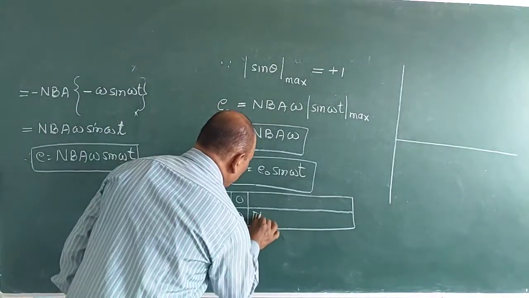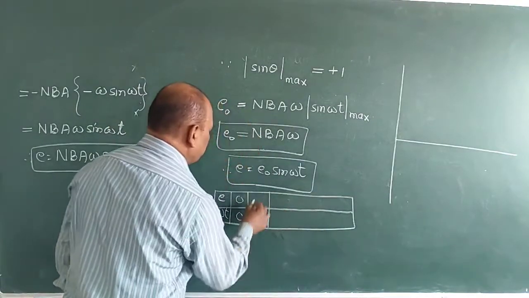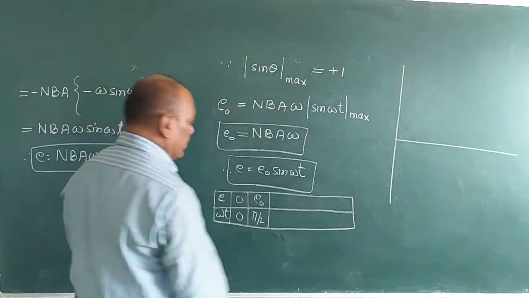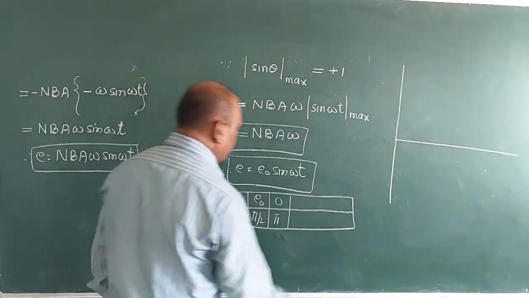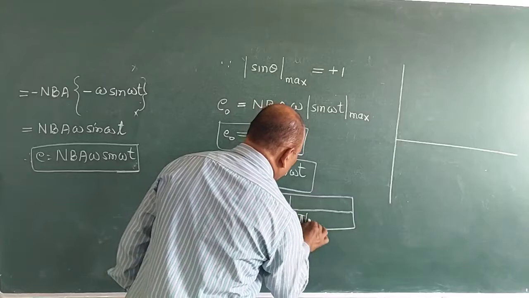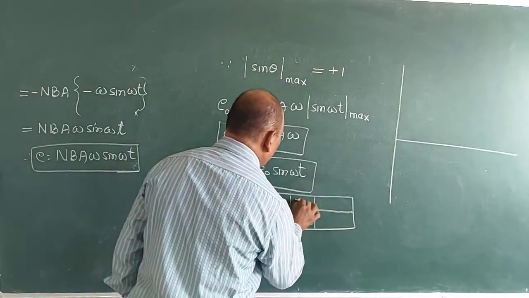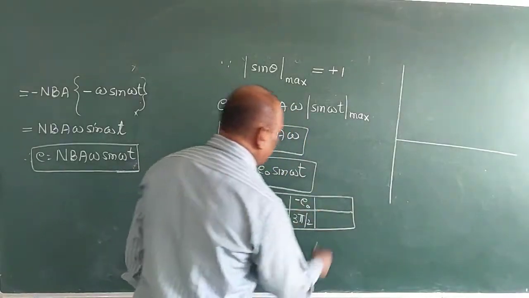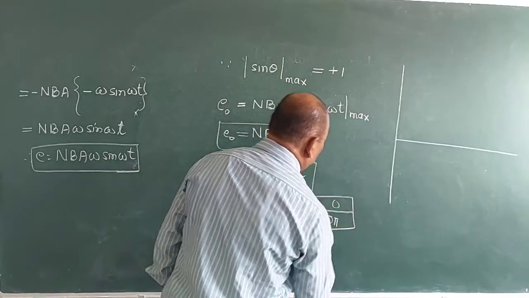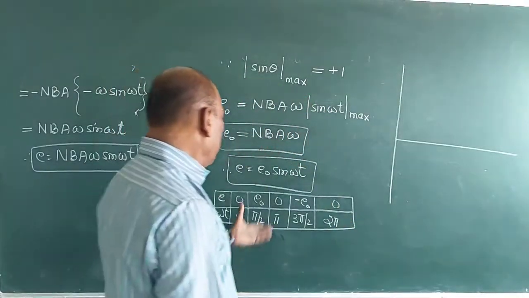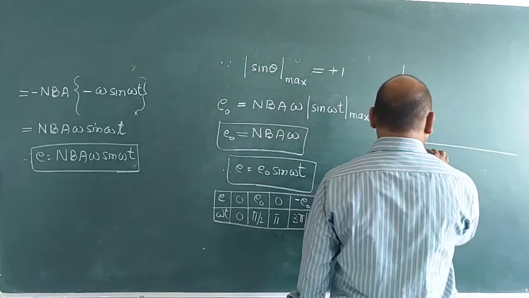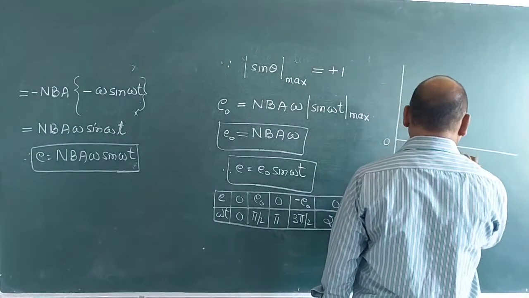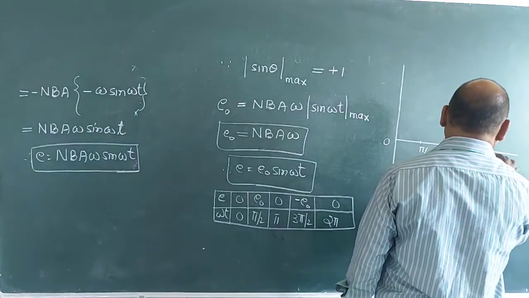If we put omega t as pi by 2, then this value will be E0. If it becomes pi, then this value will be 0. If this becomes 3 pi by 2, then this value will be minus E0, and again at 2 pi it becomes 0.